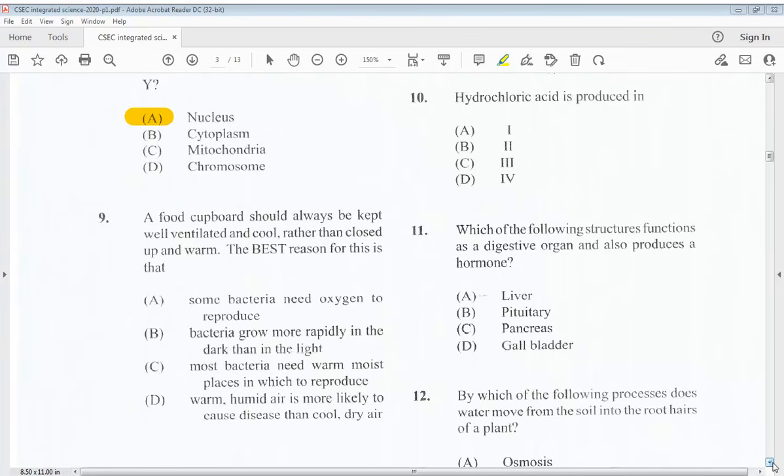A food cupboard should always be kept well ventilated and cool rather than closed up and warm. The best reason for this is that... the answer would be C.